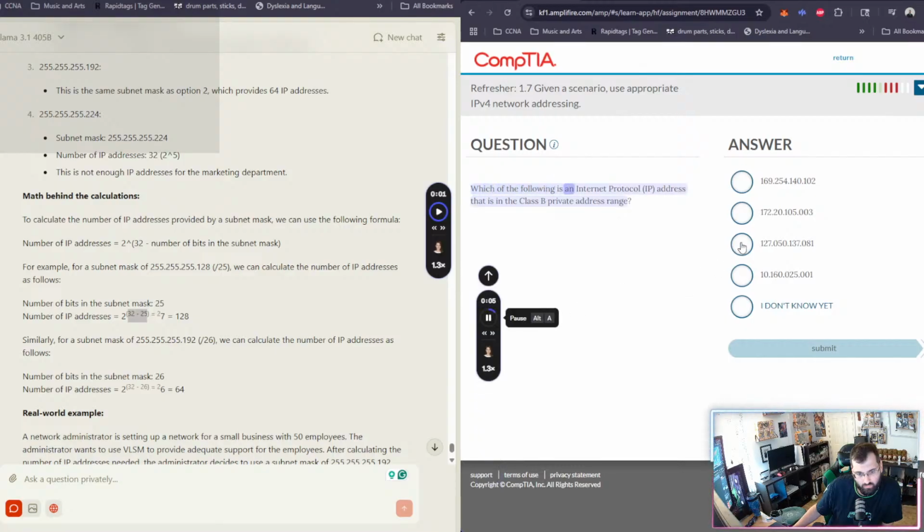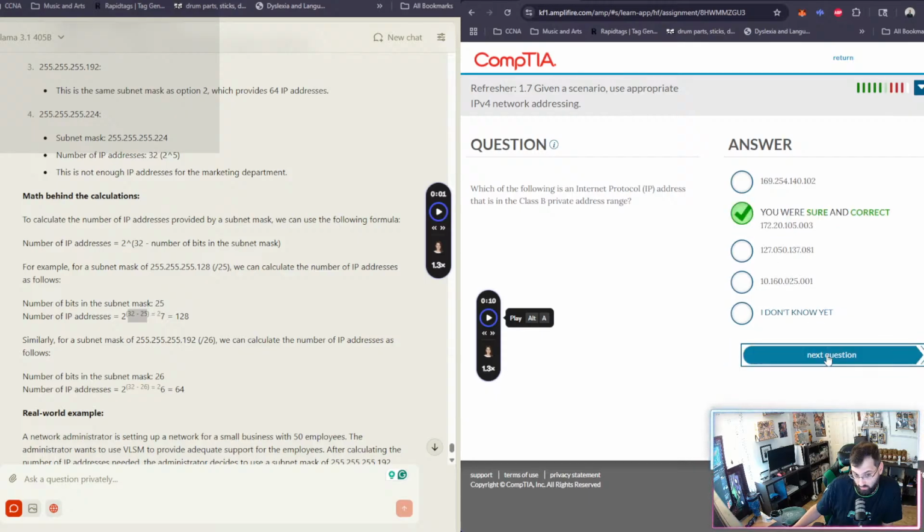Which of the following is an Internet Protocol IP address that is in the Class B private address range? No. Yes. Yeah.